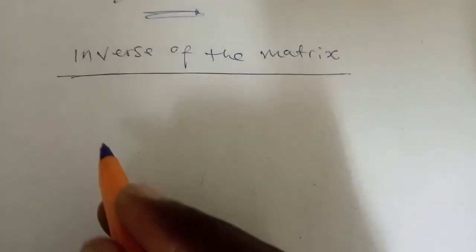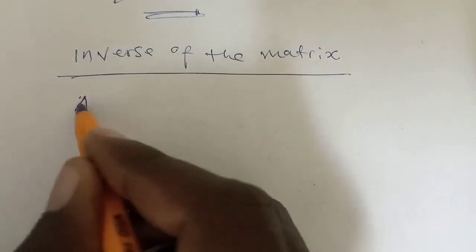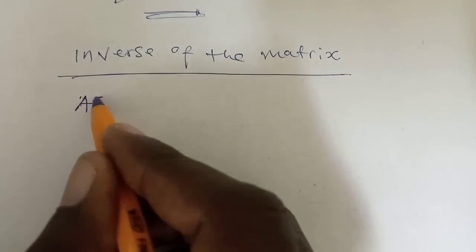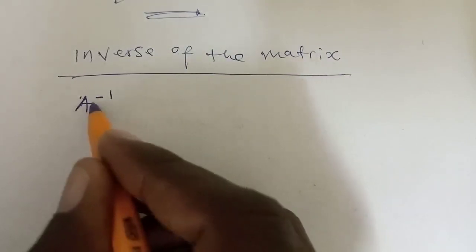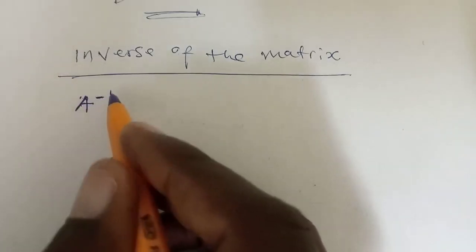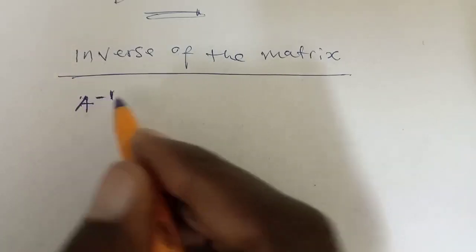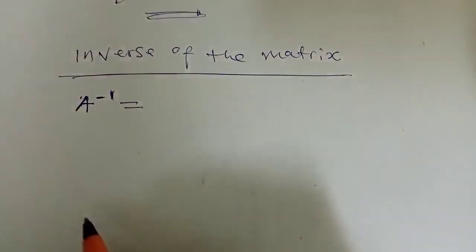The formula when solving the inverse of the matrix is this. Let's say we have the matrix A. The inverse is denoted by A to the power of negative 1.